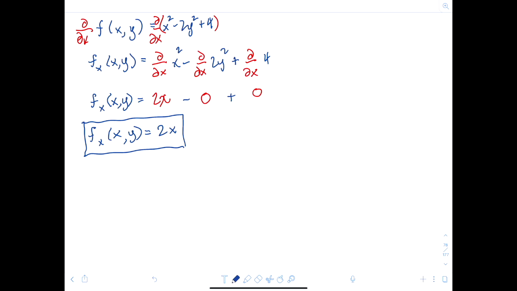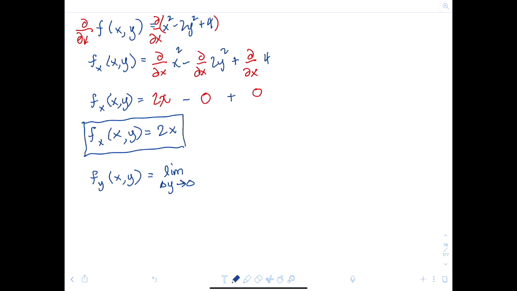Cool so far? Okay, so now let's look at the first partial derivative of f of x and y with respect to y using the limit definition, and then we'll do the shortcut rule. So we'll have the limit as delta y approaches 0 of f of x comma y plus delta y, and then minus f of x and y.